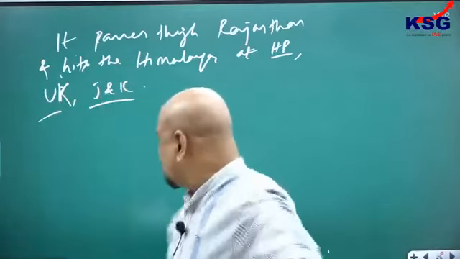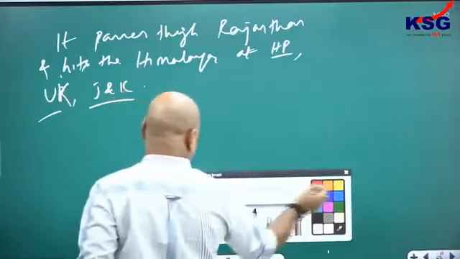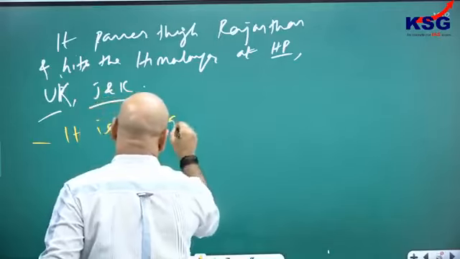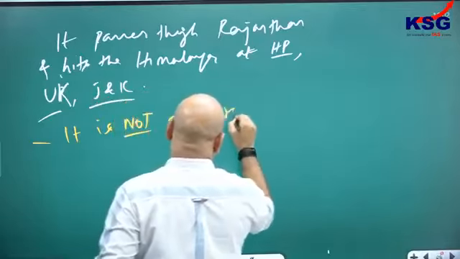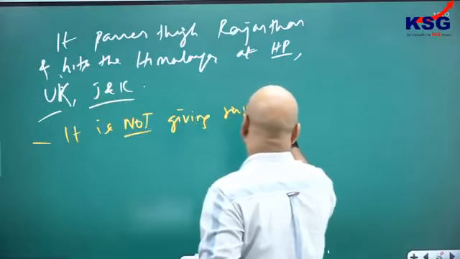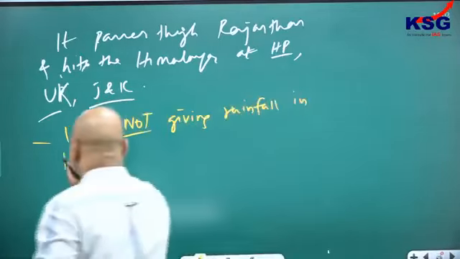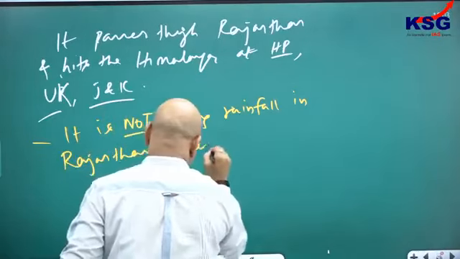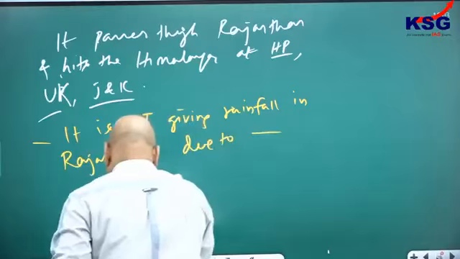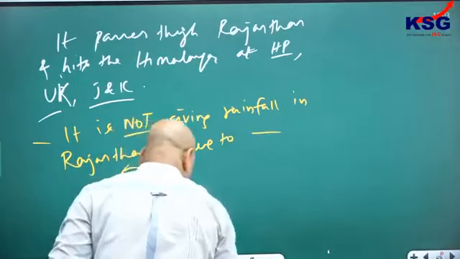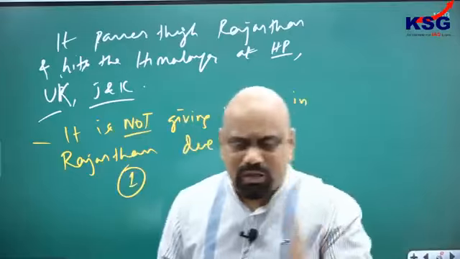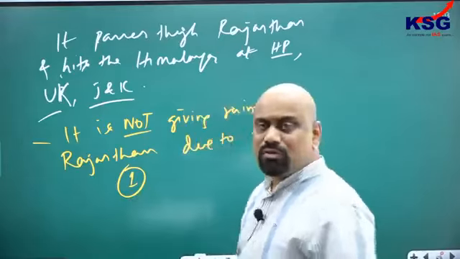First point is, please note down, this is very, very important. It is not giving rainfall in Rajasthan due to, number one cause, the first and most important cause: the direction of the Aravalli being parallel to this monsoon wind.